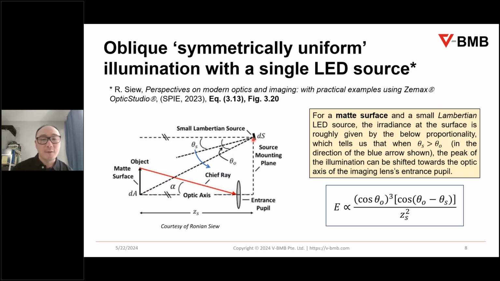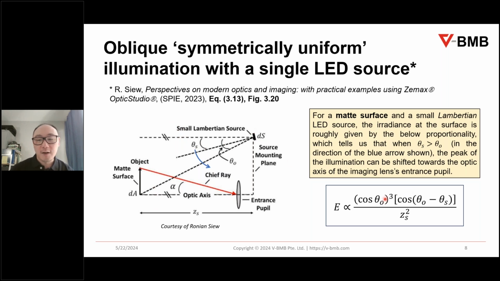What you have to do instead is point it farther down this way to bring the peak intensity right at the center, and it's given by this equation. The reason for this equation is that when the light source points normally at the plane of incidence, you've got this cosine to the 4th power kind of drop-off.